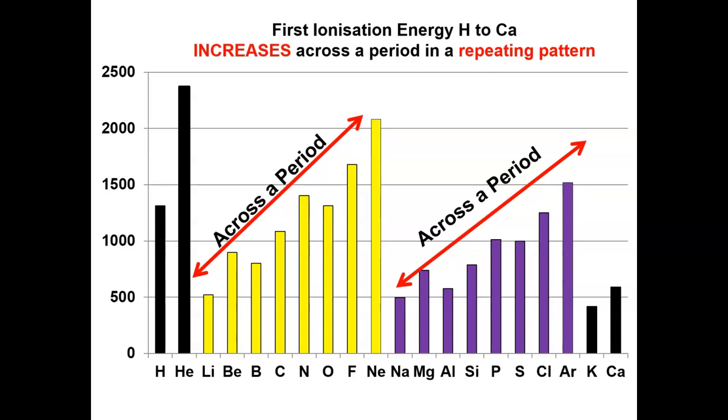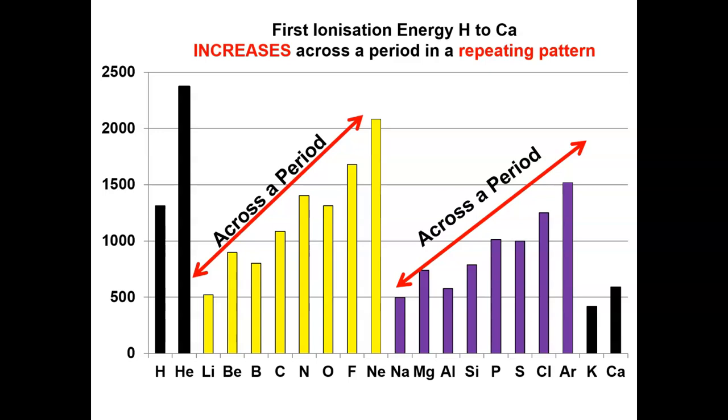We have 2s, which is lithium and beryllium, and then the 2p, which is boron, carbon, nitrogen, oxygen, fluorine, neon. So the pattern we see there is this broadly increasing of ionization values as we go across. So broadly speaking, it gets more difficult to remove the outer electron. There are some high points and some low points. Well, they are also very significant, as you'll see.